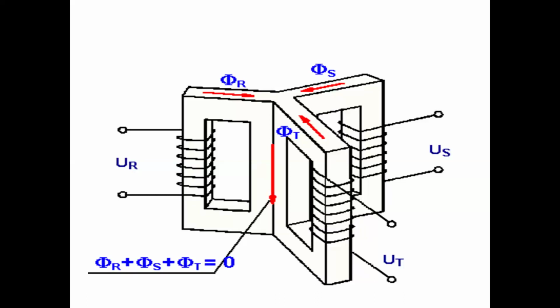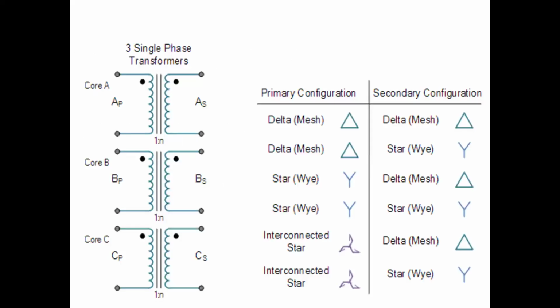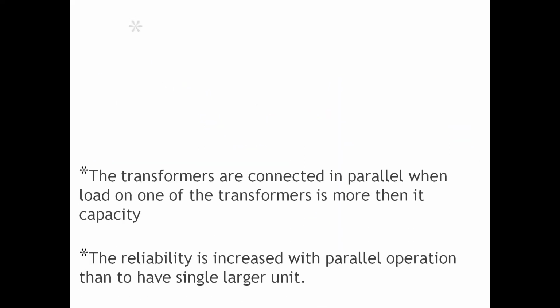Three-phase unit means we use a three-phase core. It's like this. Okay. In three-phase connection, they are star-star, delta-delta, star-delta, or open delta. In open delta, the capacity is reduced by 1 by root 3 times. Okay. These are the different types of connection.